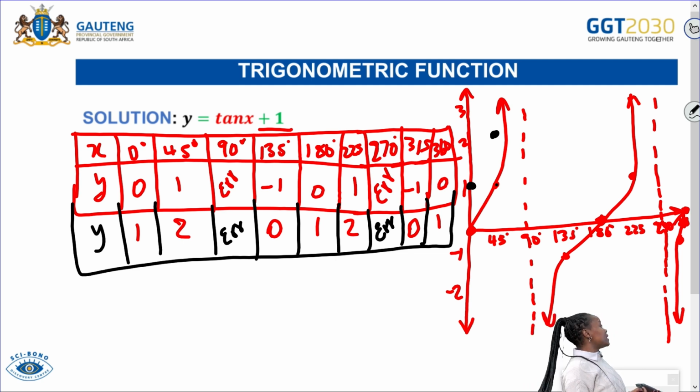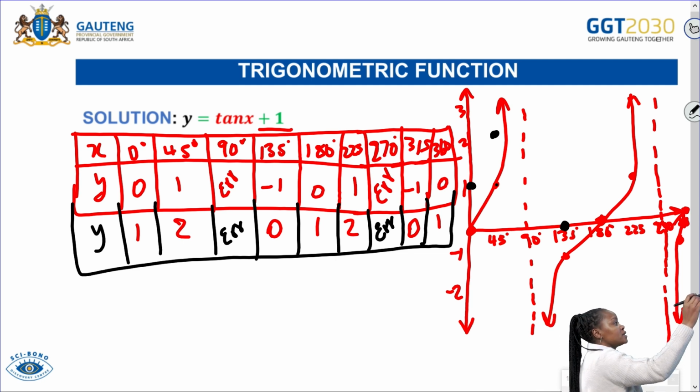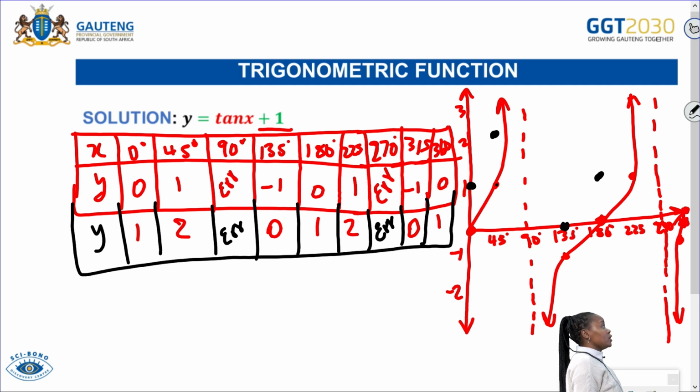And then at 135, your y is 0. And then at 180 degrees, you now have +1, so it's going to be there. This point is shifted up there, and this point here is shifted up there. And then at 225, the point is shifted to +2. And then at 270, I still have my asymptote.